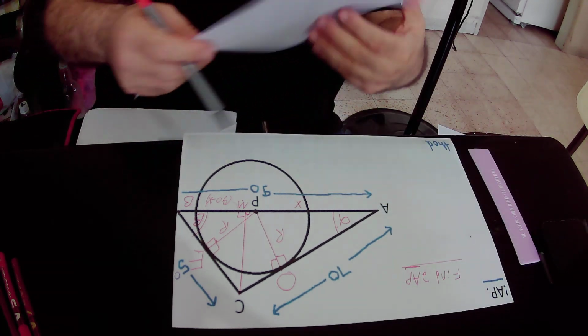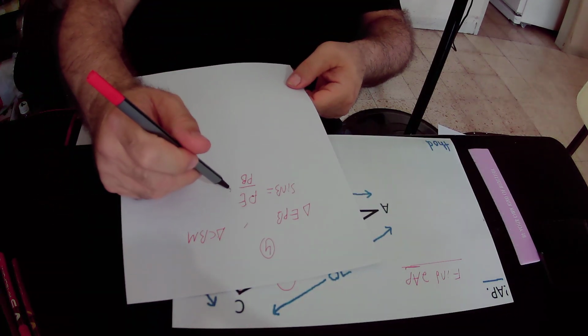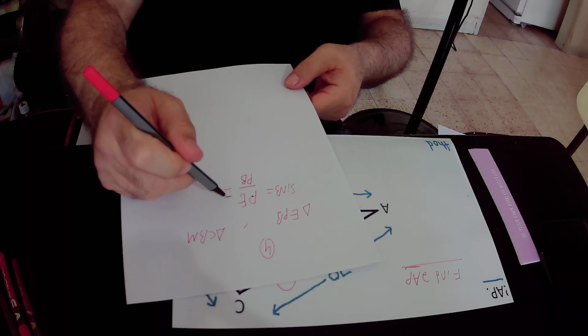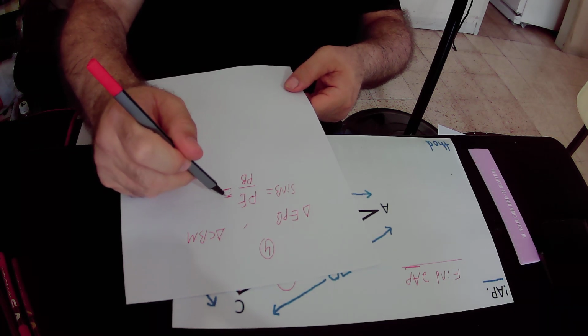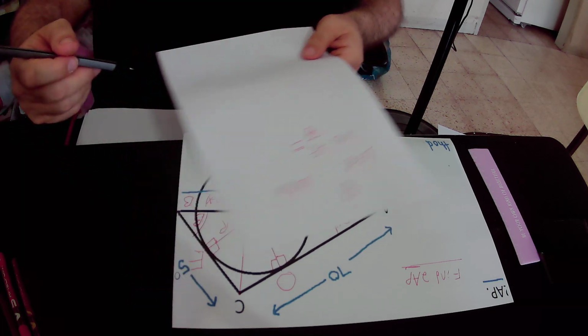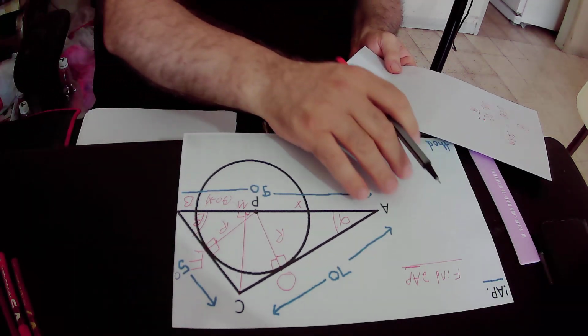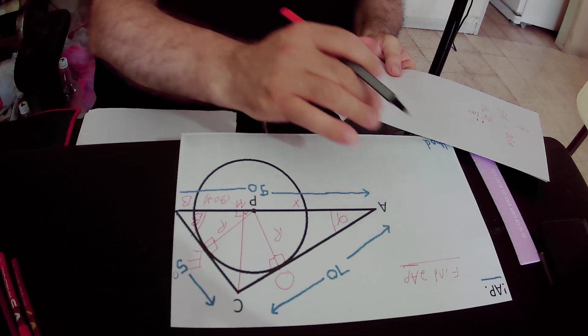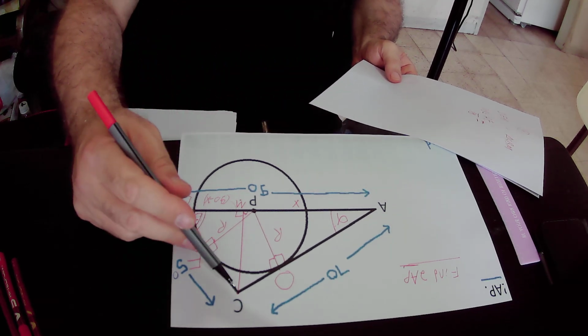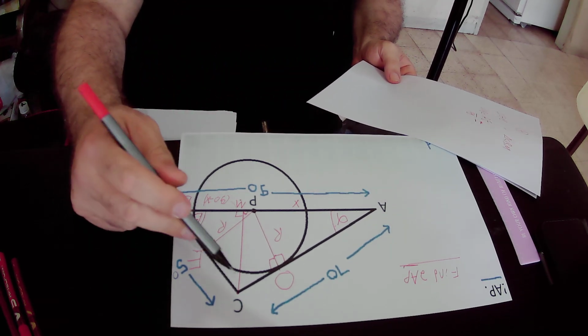Okay? And then in the same way, as we did in sinus alpha, now we'll do with sinus beta. We'll focus on the right triangle CMB.